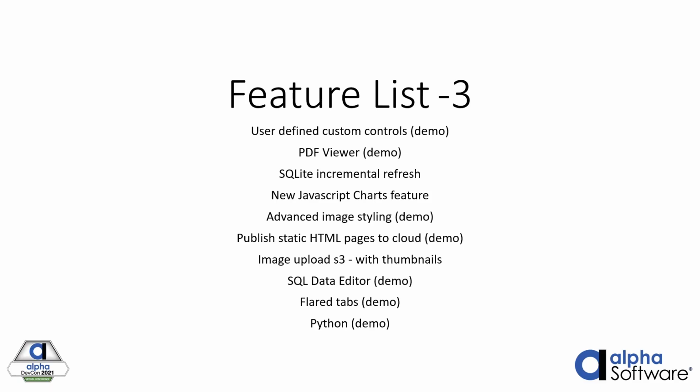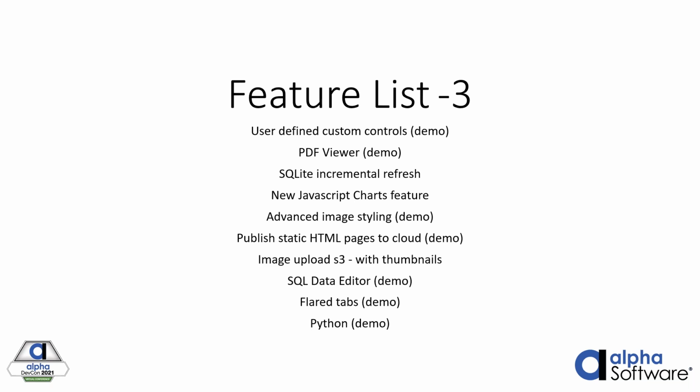We did a lot of work on SQLite incremental refresh. So in many cases, developers who are building mobile applications create a SQLite database to put on the mobile device so that they can have large amounts of data available while they're offline. But creating a very, very large SQLite database can take a fair amount of time.